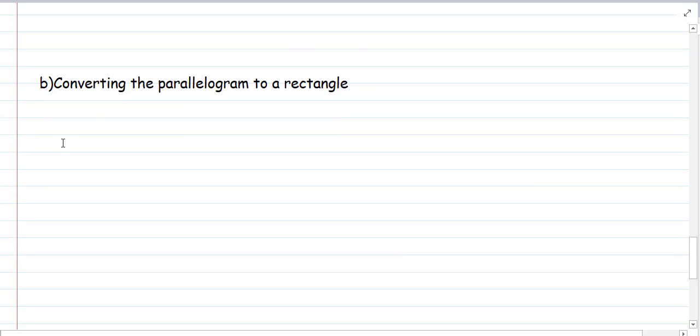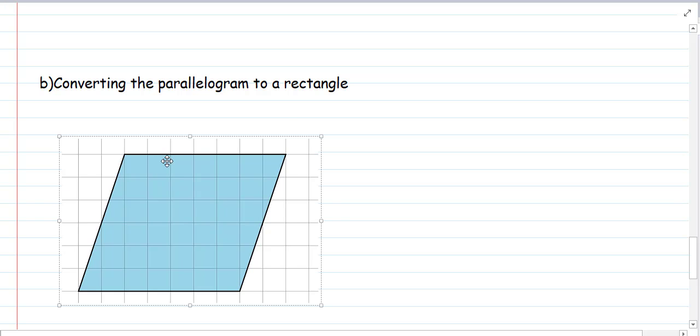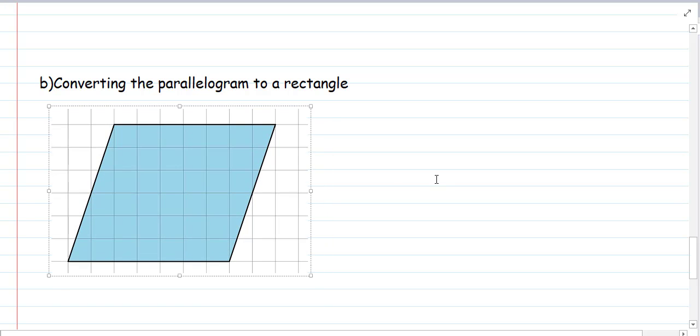I'll use the same figure. Now my objective is converting this parallelogram to a rectangle. Using that rectangle, I will be able to find the area.